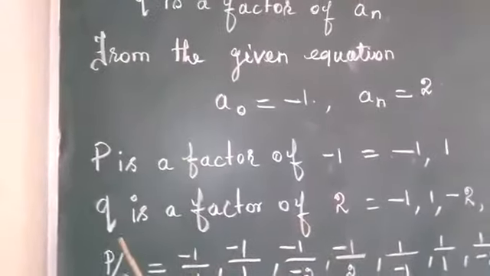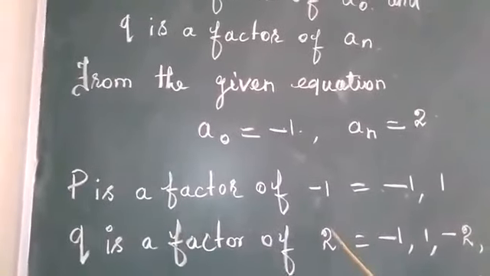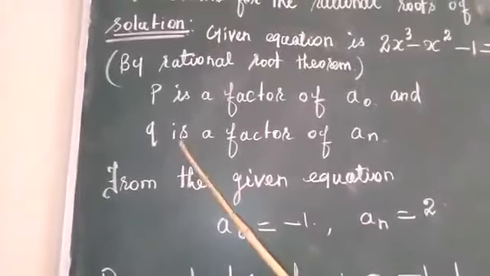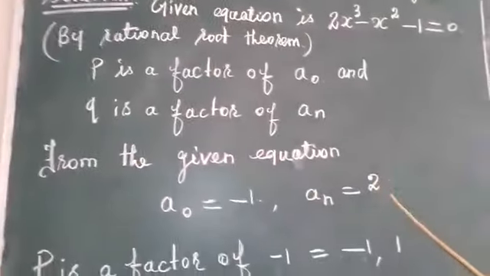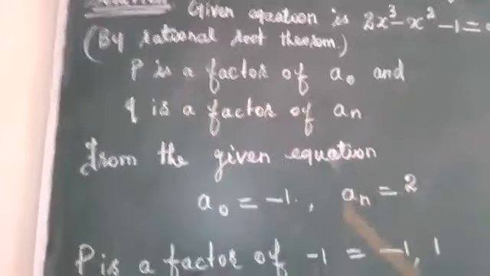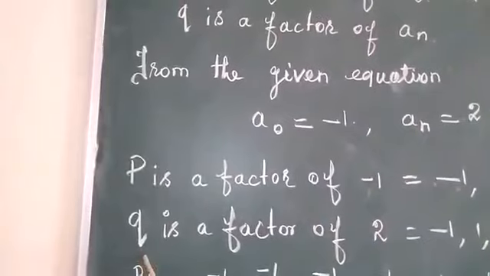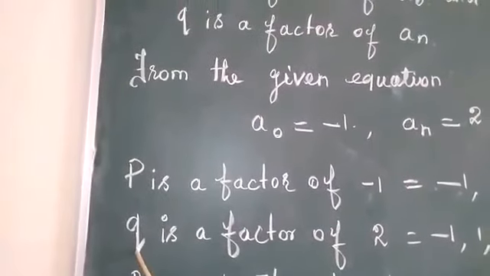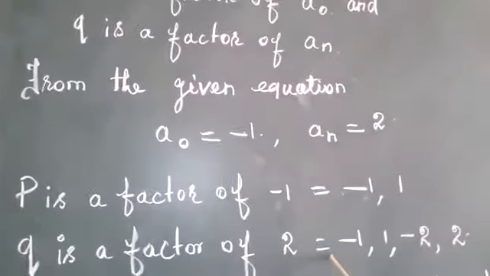Then another one, q is the factor of 2, because from the theorem, q is the factor of an, and here an value is 2. And p is the factor of a naught, and here a naught value is minus 1. So now we are trying to find the values of q, the numbers that can divide 2.